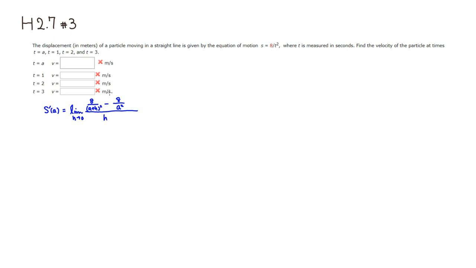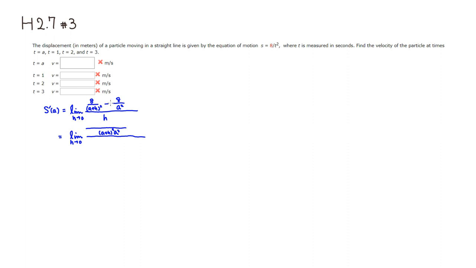Let's simplify that. This is going to be the limit as h approaches 0. I'm going to find the common denominator, a plus h squared times a squared.